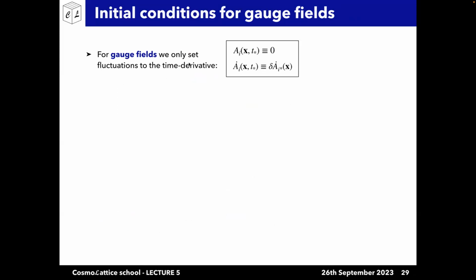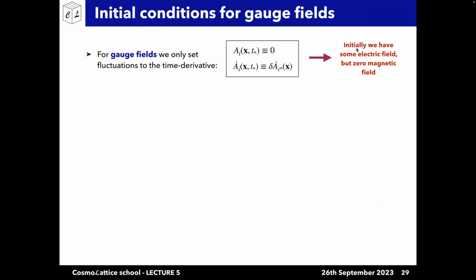For gauge fields, what we do is to set the gauge field to be exactly 0 at all points of the lattice, and then the time derivative of the gauge field, which is the electric field, we only give with fluctuations. So it only has fluctuations, it doesn't have a homogeneous mode.